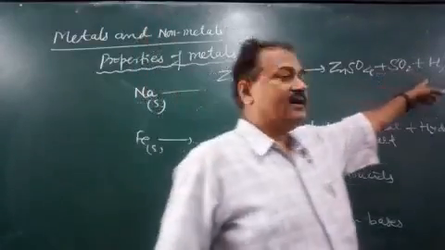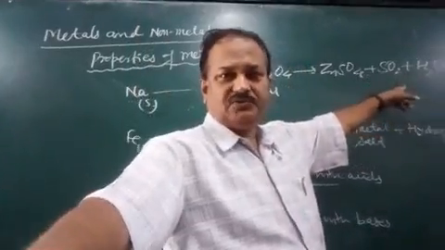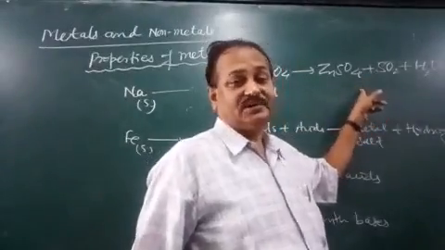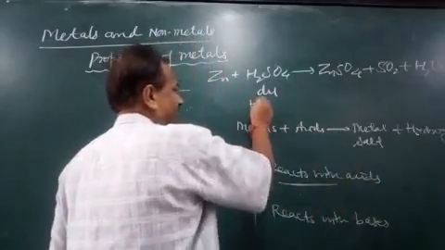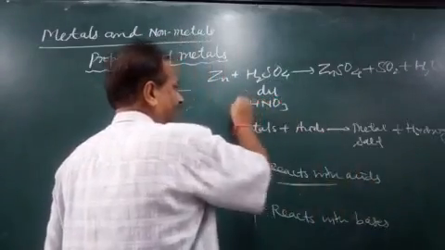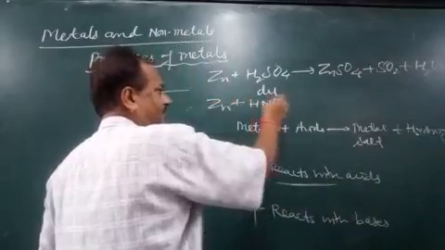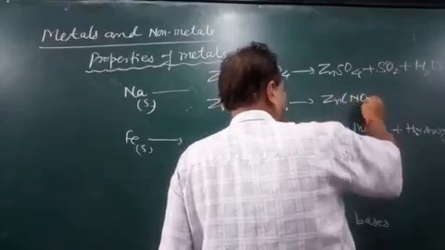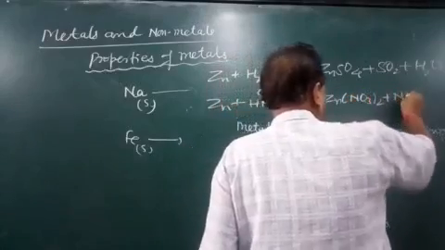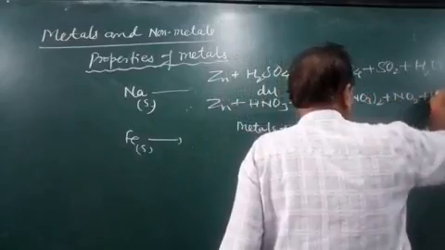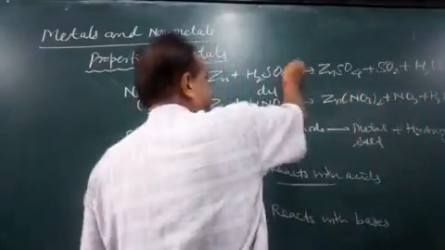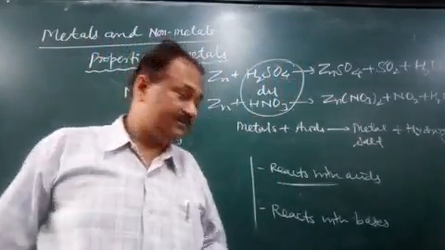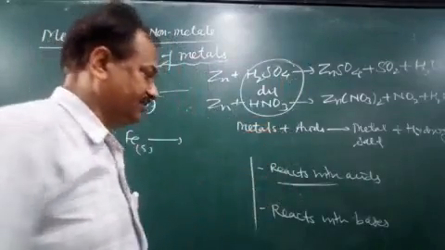Hydrogen has been converted to water and SO2. This is an additional product. If you take HNO3 with the same metal, there will be zinc nitrate plus NO2 plus H2O. Because these are oxidizing in nature, they cause oxidation. So this is about the acids.